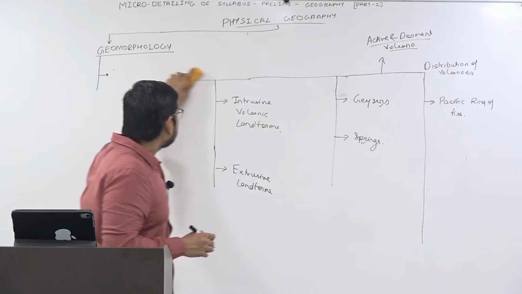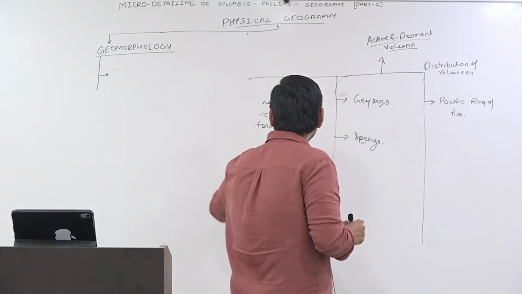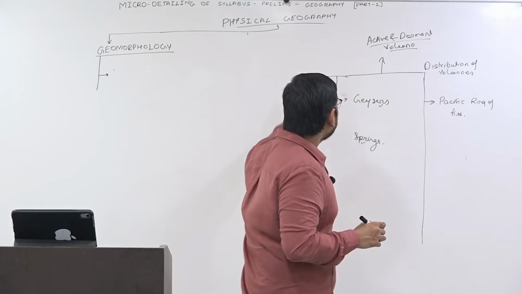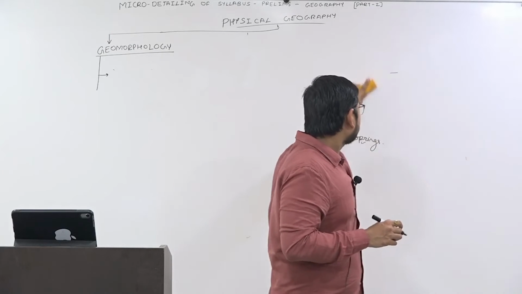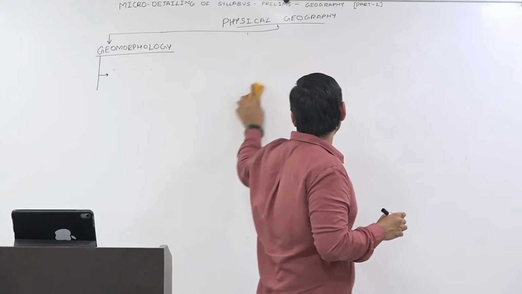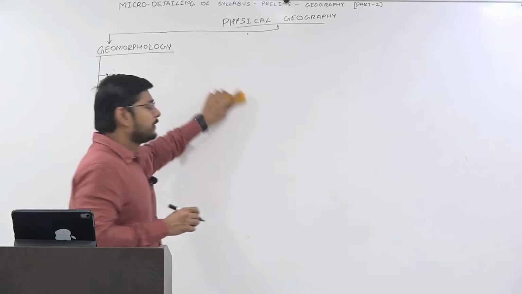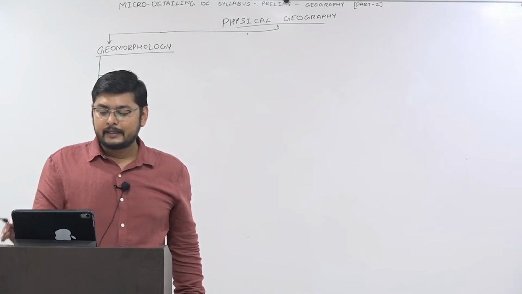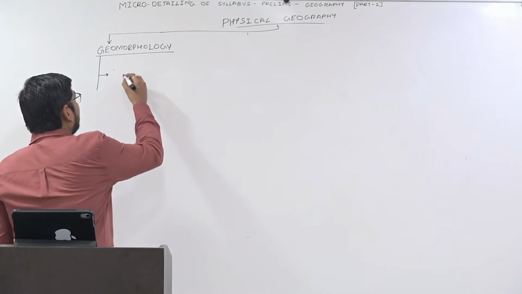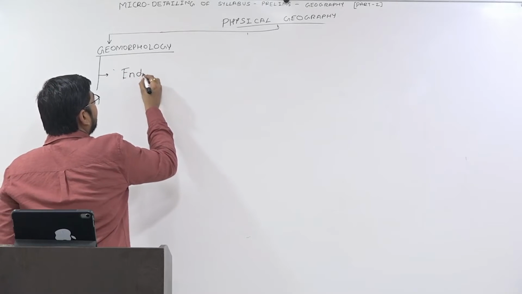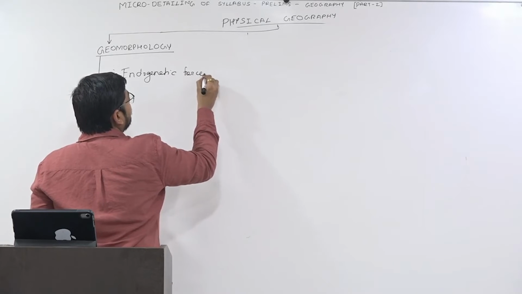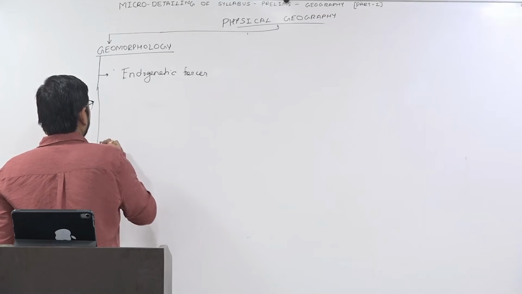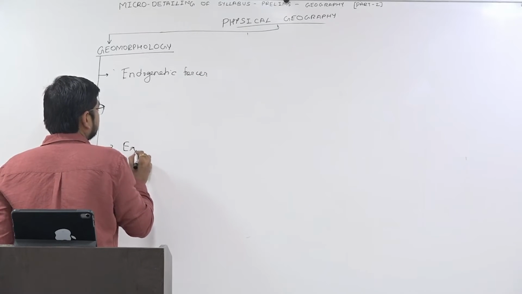Then after this we study the different forces or different landforms which are present over the surface of earth, formed through different processes. For example, here we'll be studying the endogenetic forces and the exogenetic forces.